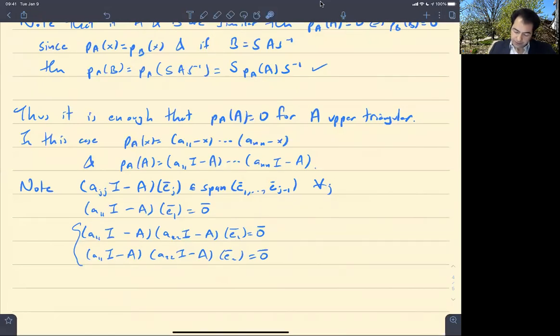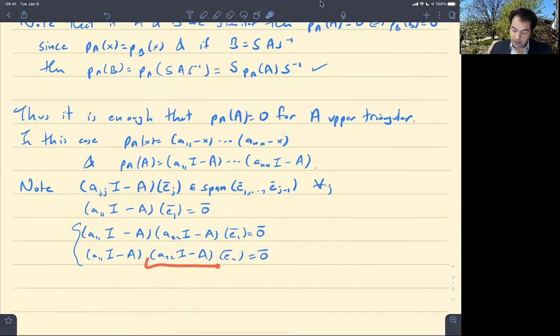So why is that? Well, this matrix and this matrix commute, right? Because A commutes with itself and all matrices commute with the identity. So when I'm evaluating on E1, I could put this factor in the first slot so that it hits E1 first, and that gives me 0. And then once I have the 0 vector, I'm done. Now, what about this one? Well, when this factor hits E2, as we said, that's guaranteed to be in the span of E1.